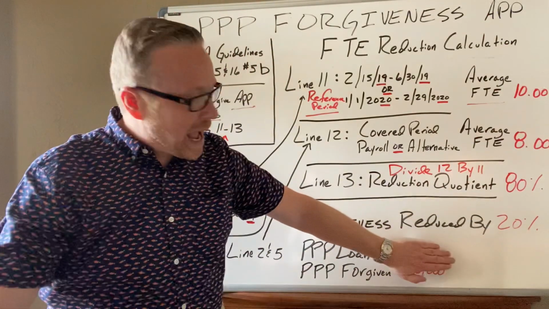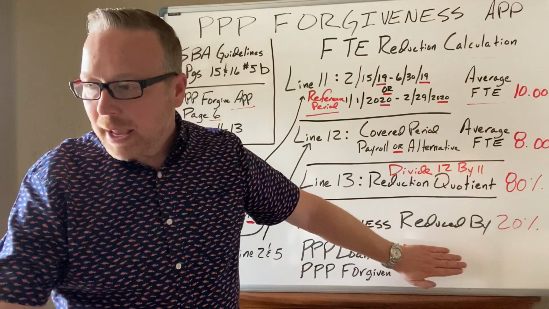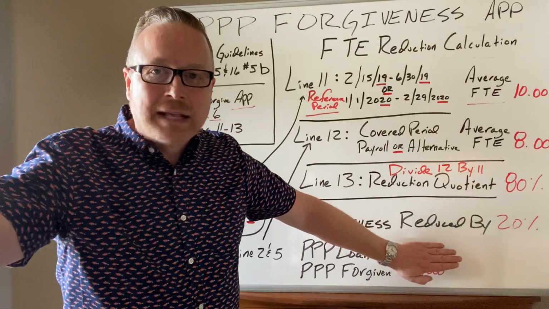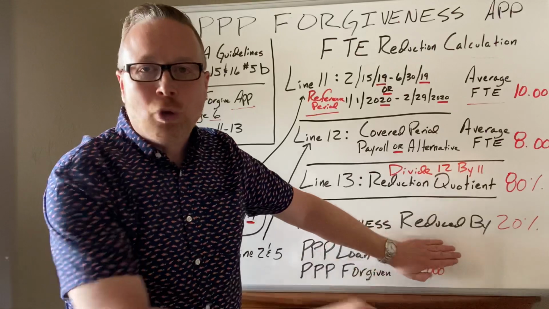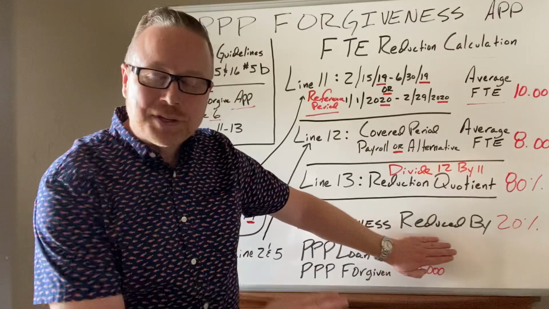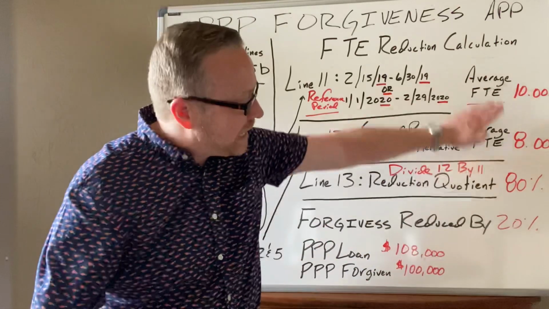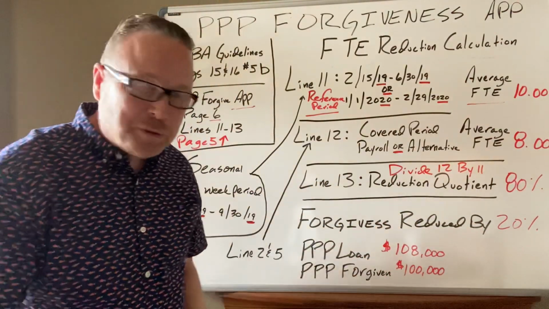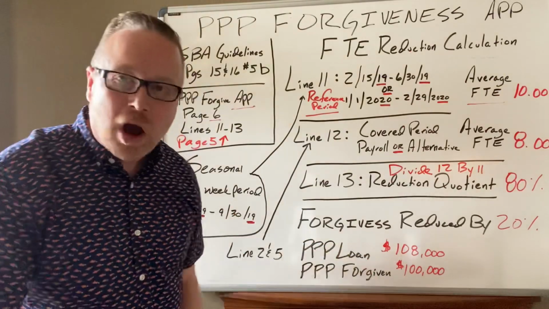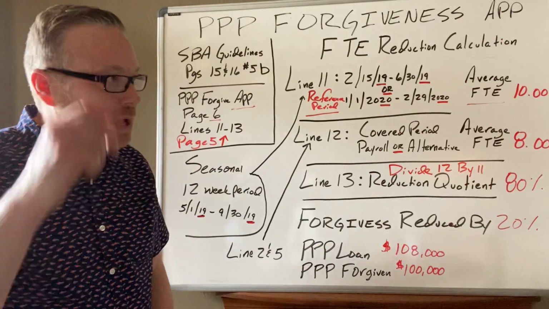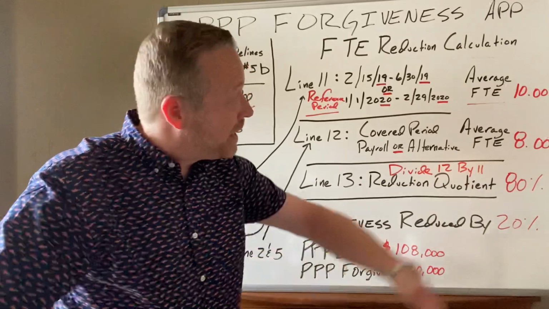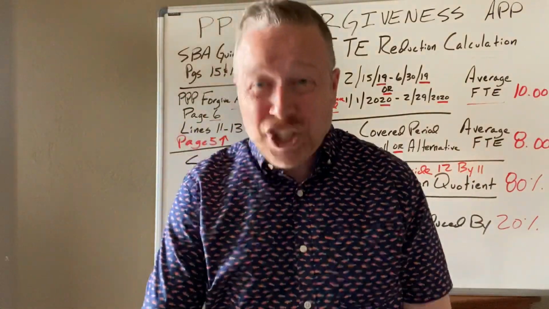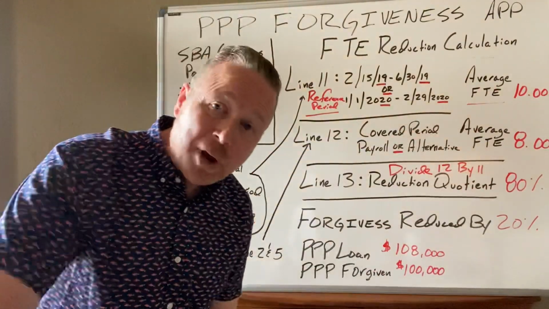I'm giving you a hypothetical, because in the SBA guidelines, they don't apply it to loan forgiveness. So this part of the example is for me, but I'm not changing these numbers. Let me be clear. I told you at the beginning, someone got a PPP loan for $108,000. They did everything perfect other than a hiccup, and maybe not even an intentional hiccup. But anyways, we got a hiccup here on the FTEs.